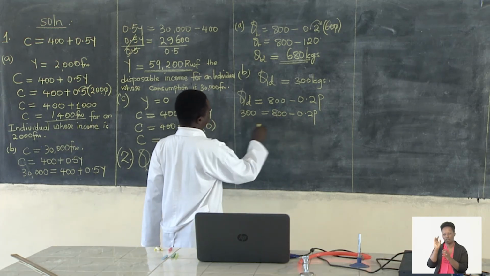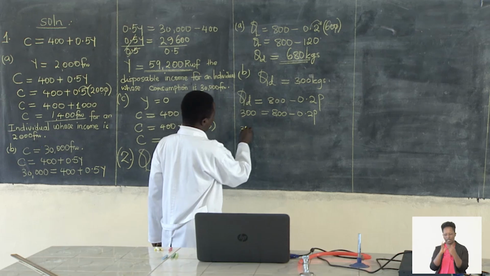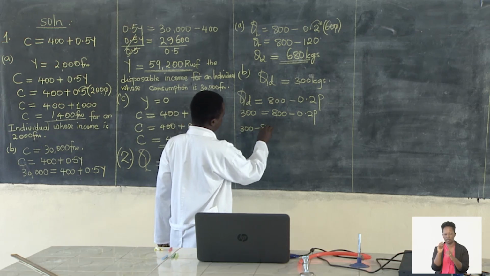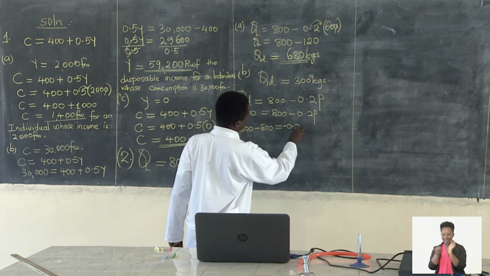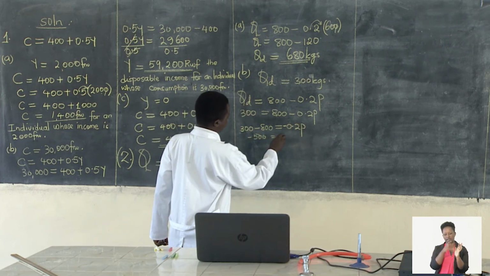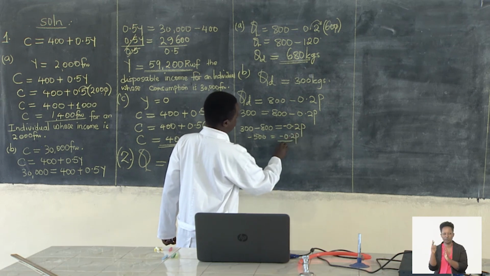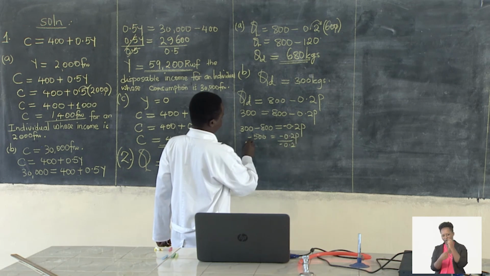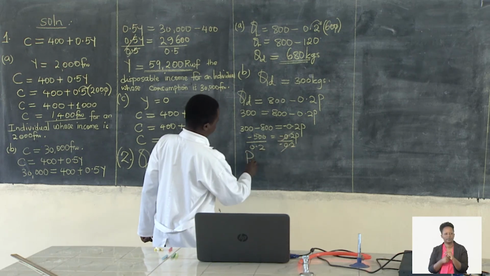When you do it this way, if you bring 800 this side, you have 300 minus 800, which gives you negative 0.2P. So here we have negative 500 equals negative 0.2P. You divide both sides by negative 0.2. So what will be our price now?